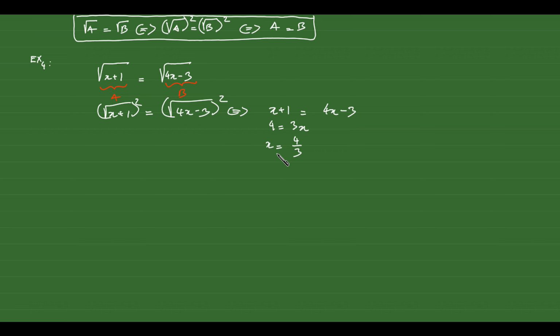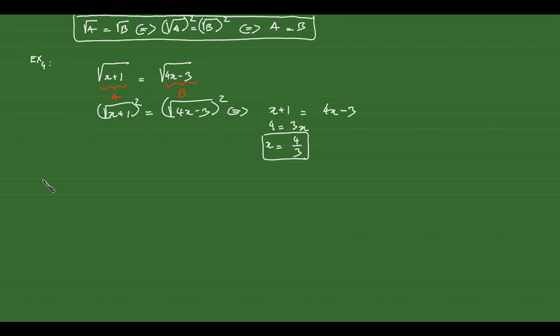And over here, 16 over 3 minus 3, LCD is 3, so 16 minus 9 over 3 is also 7 over 3. So both of them are the same. You see that? So this is the final answer. See, I always check.